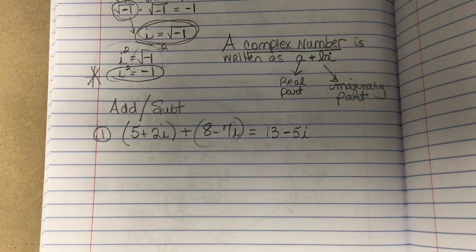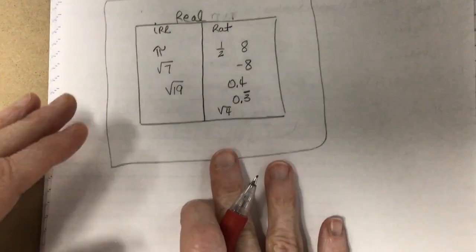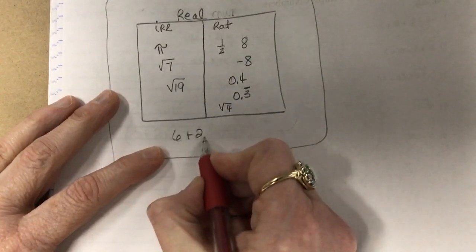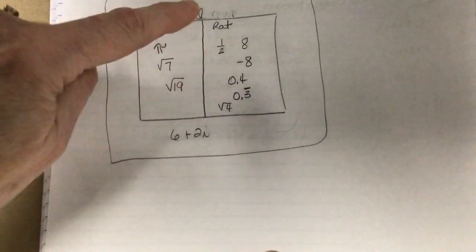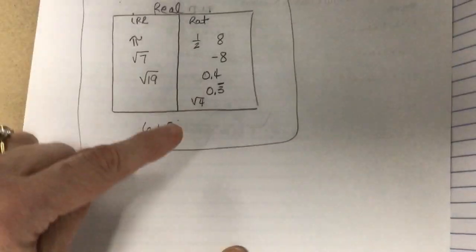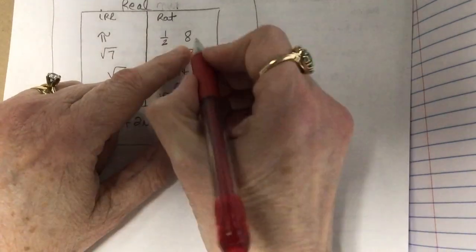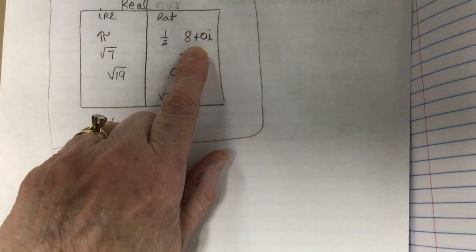It's very easy. Now, I was going to show you that notation, that if I have in here numbers like 6 plus 2i, it is going to be in this category. It's not going to be up here. So how can all these numbers be considered complex? Take the number 8. 8 can be written as a complex number because all I have to do is add a 0i to it.